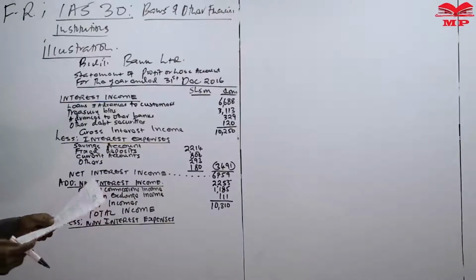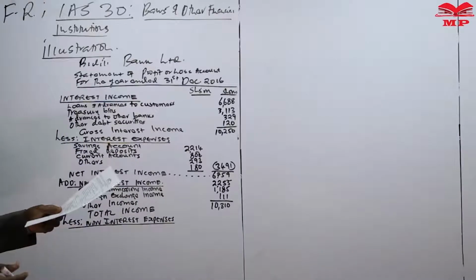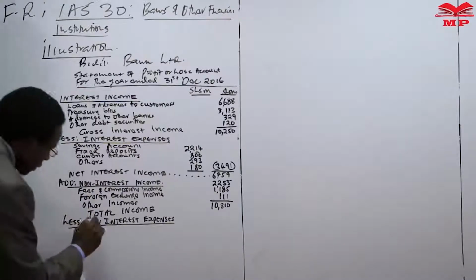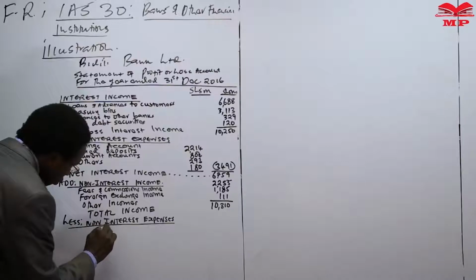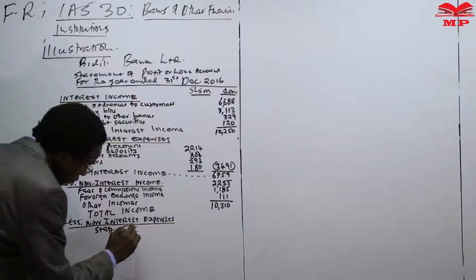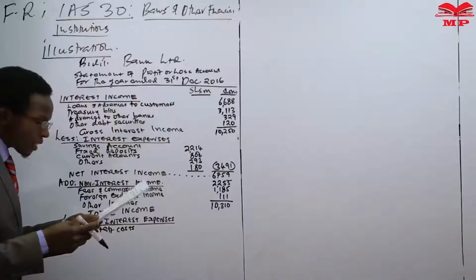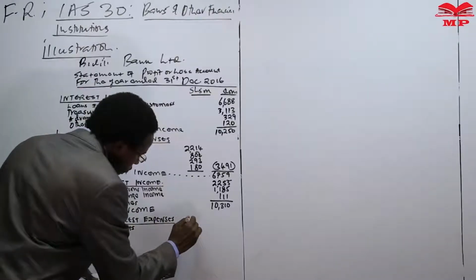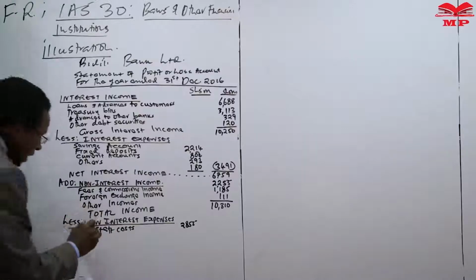Non-interest expenses. In the non-interest expenses, we have items like staff costs. The staff cost is 2855. We have directors' fees.